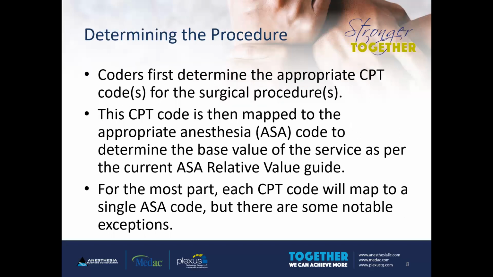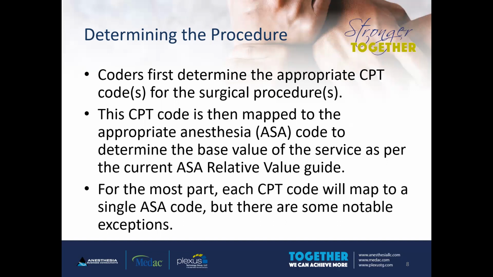As far as our coding of the claim, we will have an anesthesia code that is added to the claim form that is sent in to the payer. And the way we get that anesthesia code is as follows.